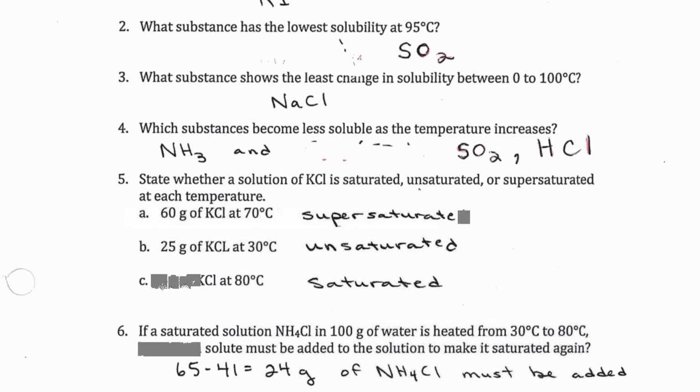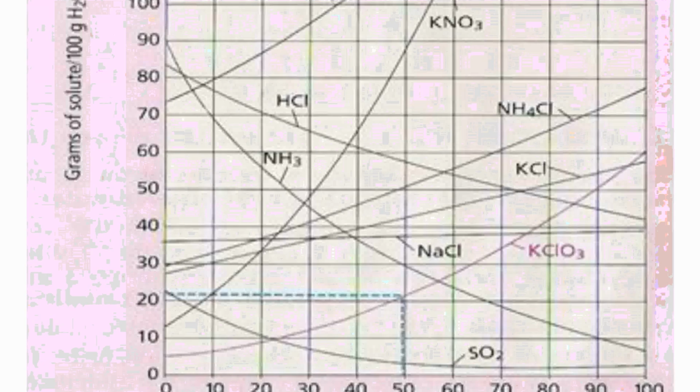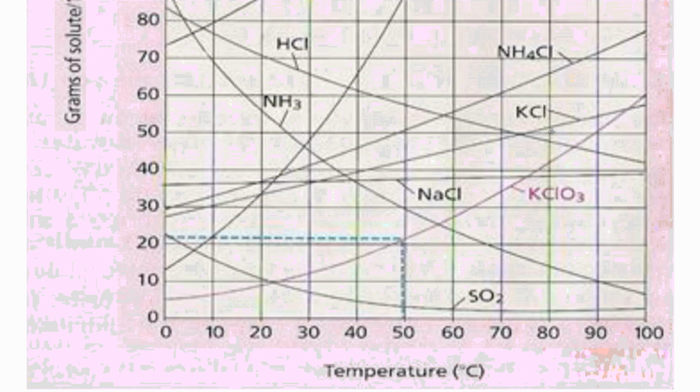And finally, let's look at 50 grams at 80 degrees Celsius. Okay, so 50, I'm going to go across to 80. Now, this one I put saturated, but it does fall just a tiny, tiny bit below the curve.